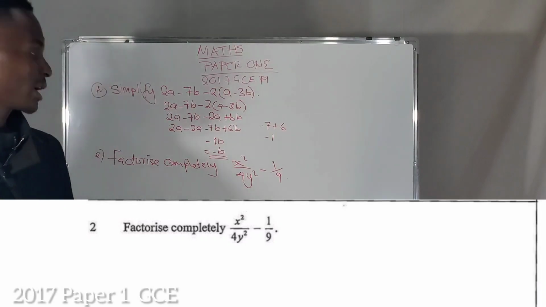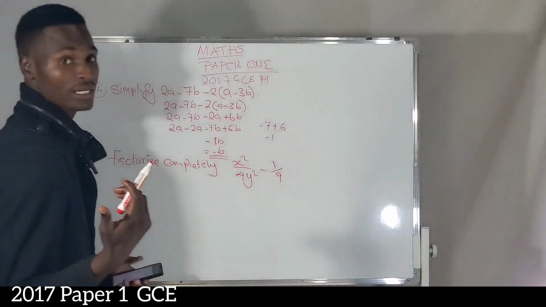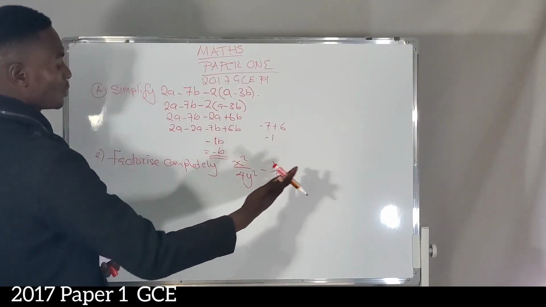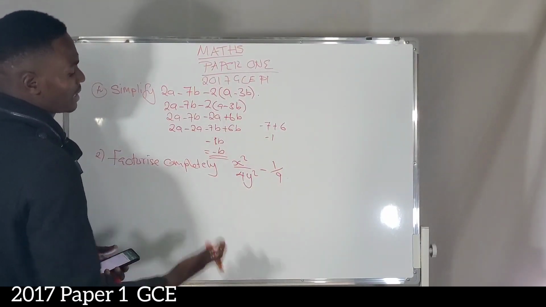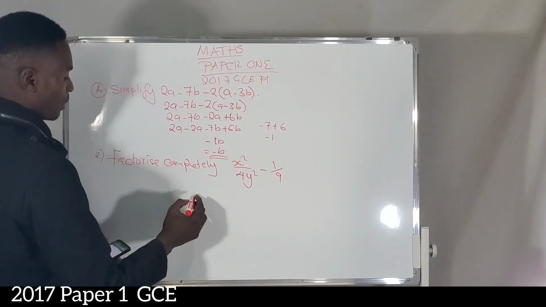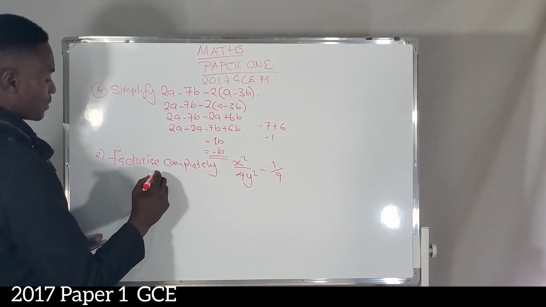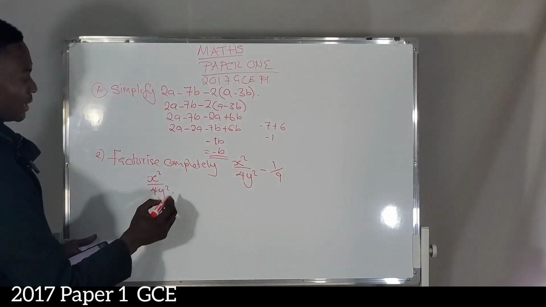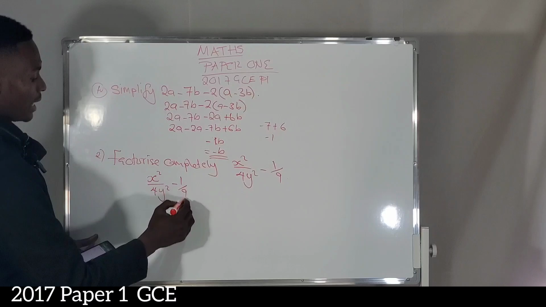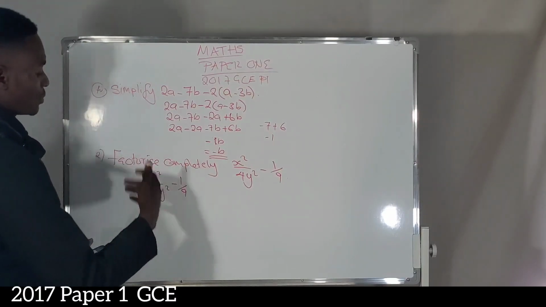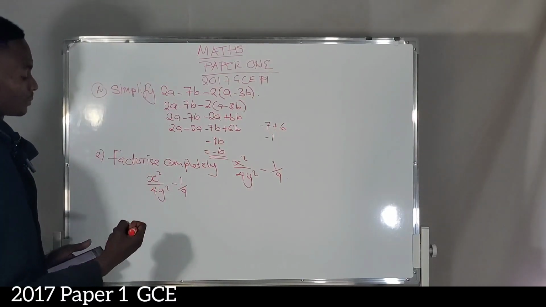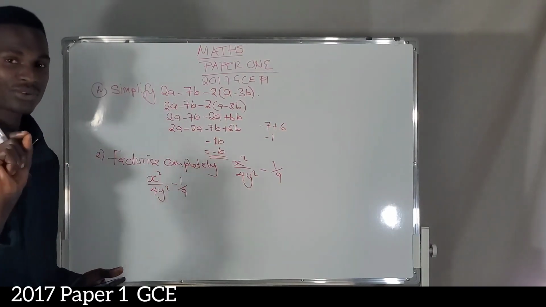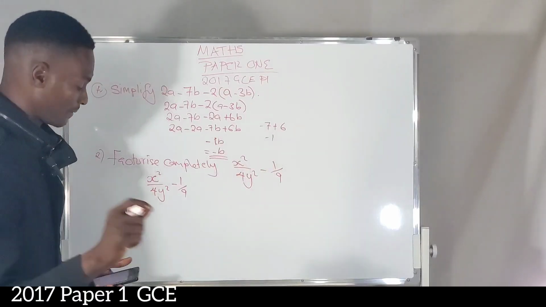So when you're asked to factorize, the first thing is to look for common factors. What is common between the two terms? You will notice that there's nothing that is common here. So we can write x squared minus 4y squared, okay, minus 1 over 9. Since you don't have what is common, then check for the difference of two squares.